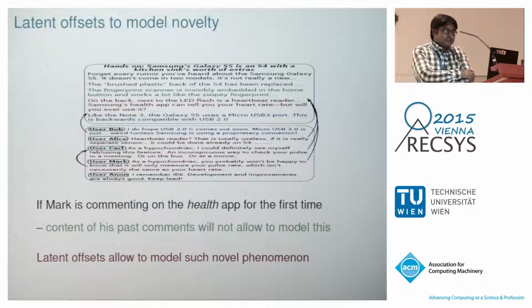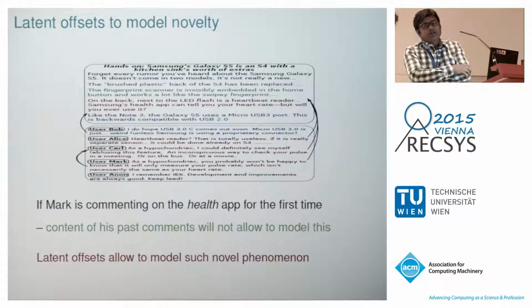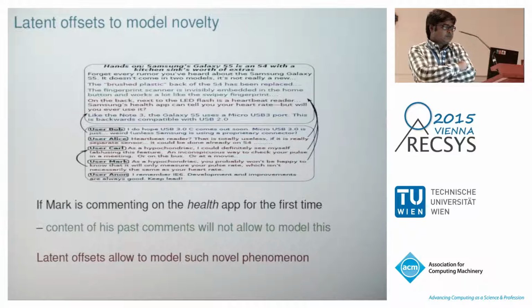And another challenge was that new news articles can come up quite often. Suppose user Mark wants to comment on something new, like a health app which has appeared, maybe he has seen it for the first time, but he does not have any previous history for that. So how do we model this kind of novel activity?